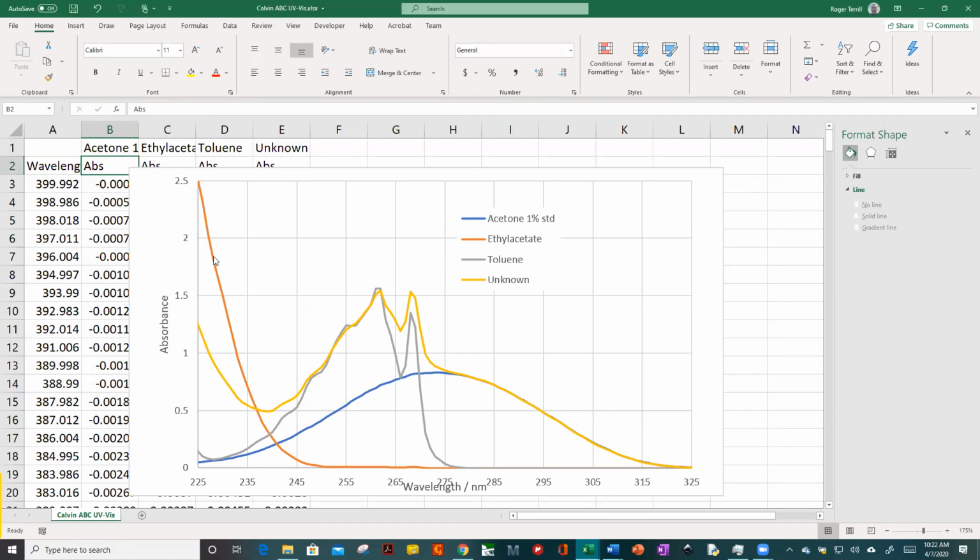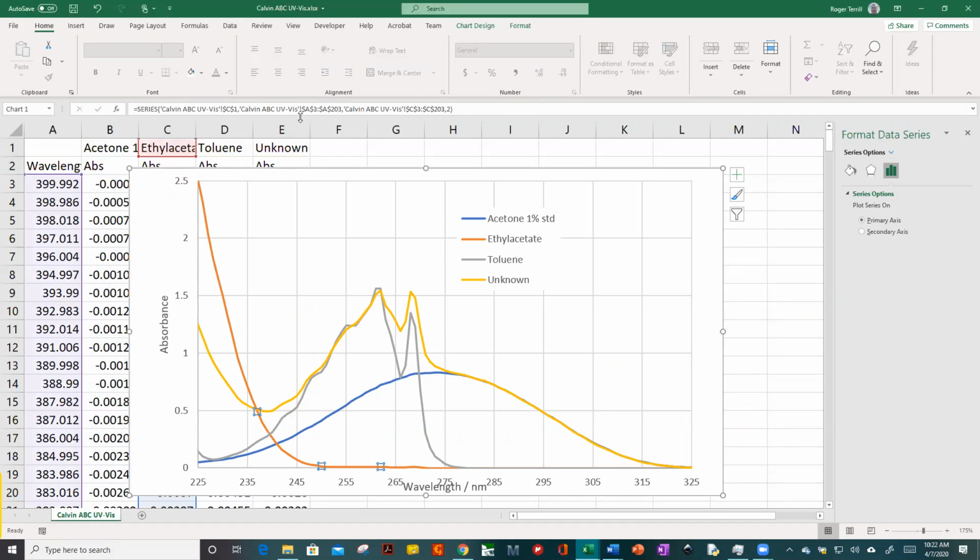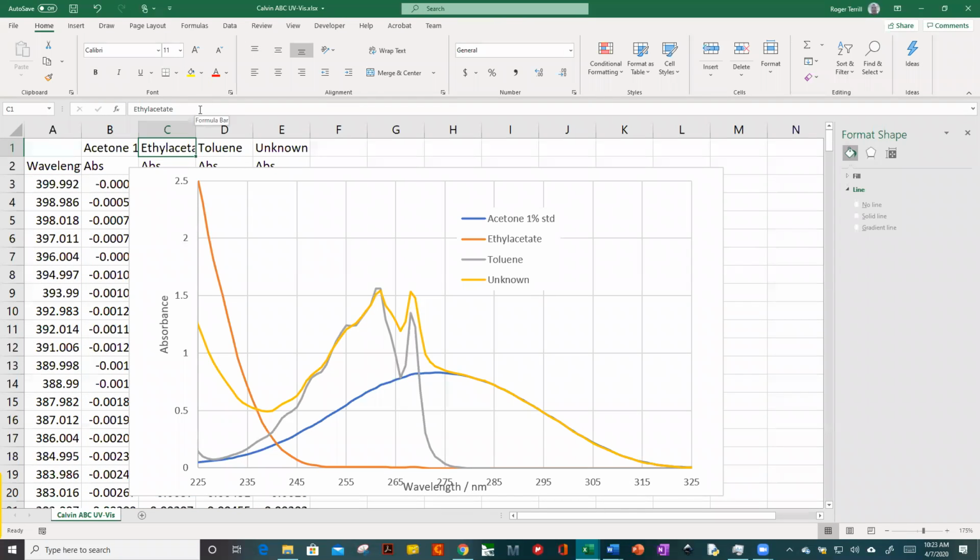And ethyl acetate here is I think it's 0.5%, although I could have those reversed. And toluene is 0.05%. Right?